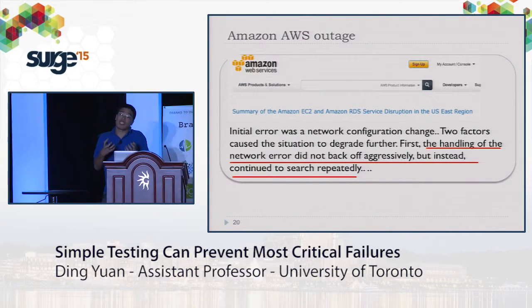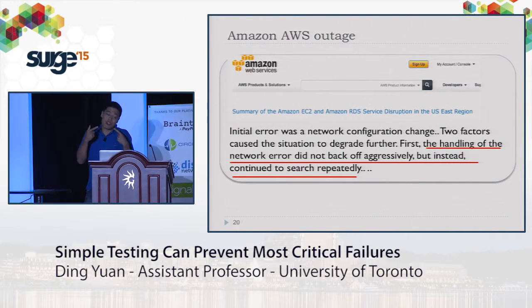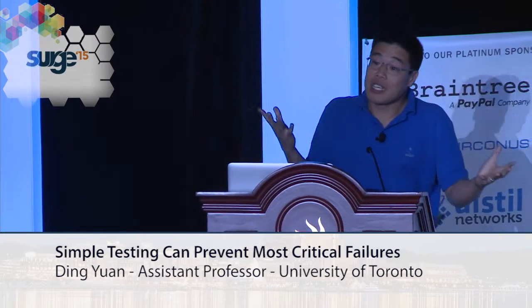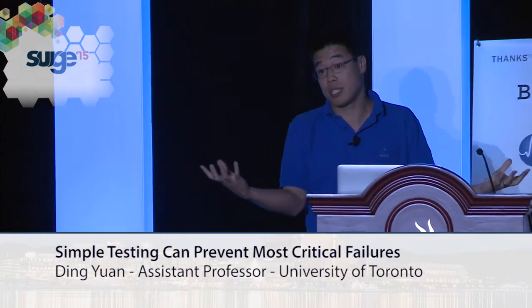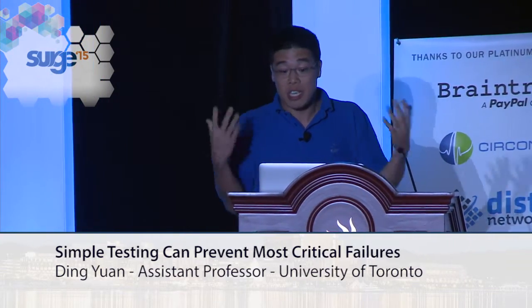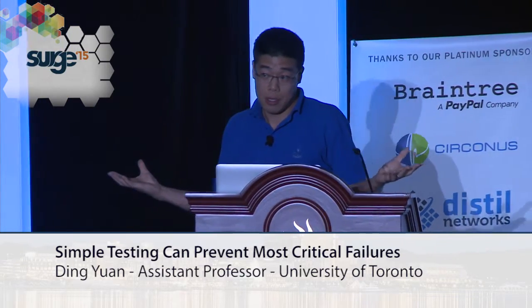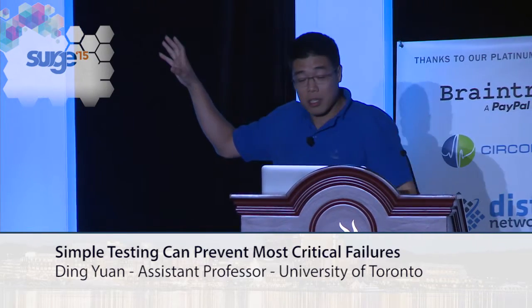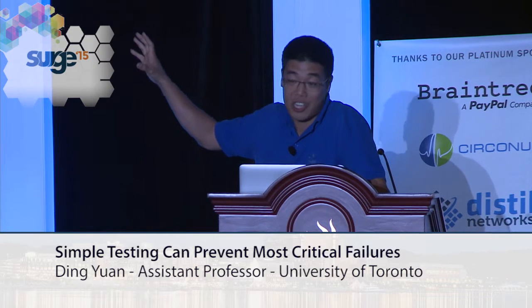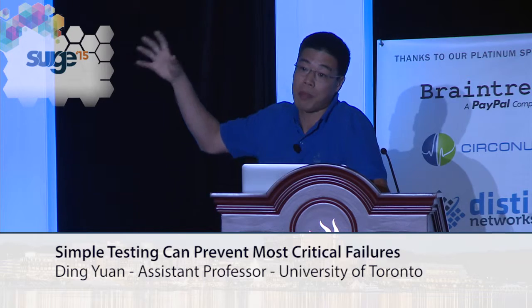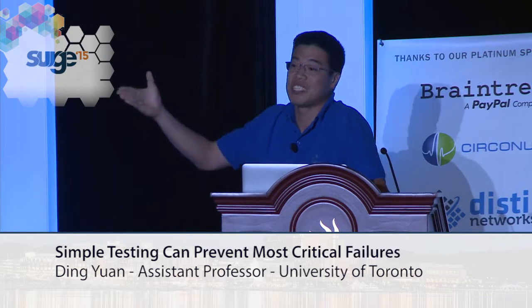But in handling such timeout requests, instead of aggressively backing off sending network traffic, each node actually aggressively sent a lot of lookup requests. So it actually increased the traffic, essentially taking down the entire AWS. Okay. So for all these failures, remember that the actual fault is complicated, and it's not only error handling code. But if there were no such bugs in the error handling code, they wouldn't manifest into a catastrophic failure.